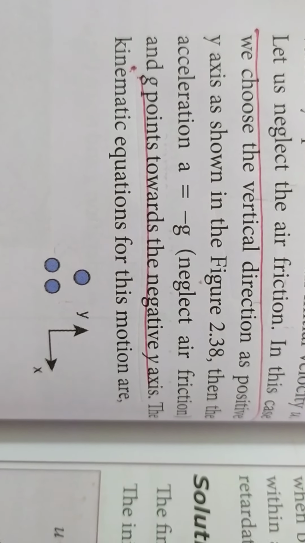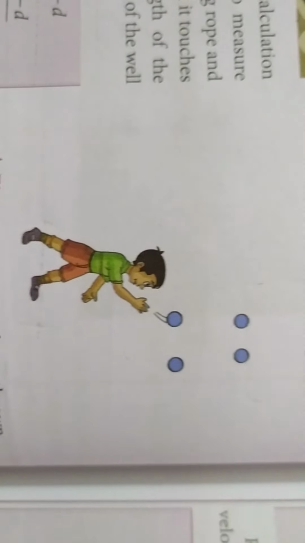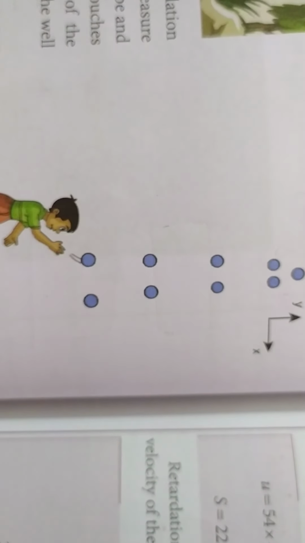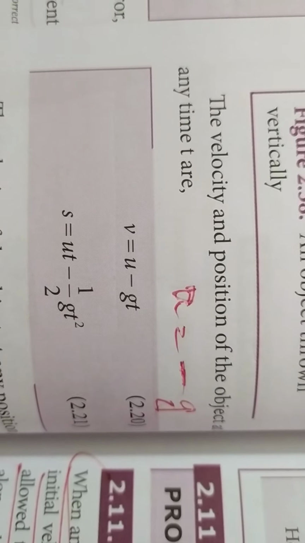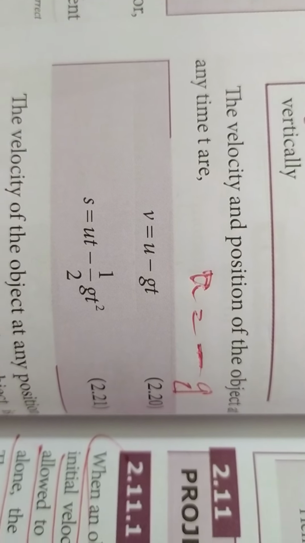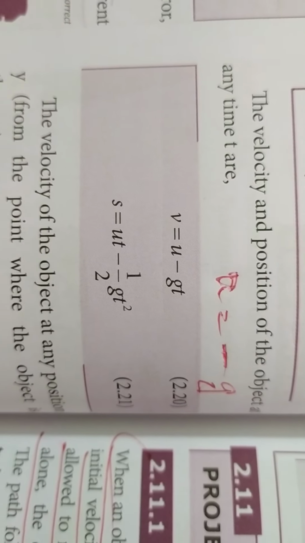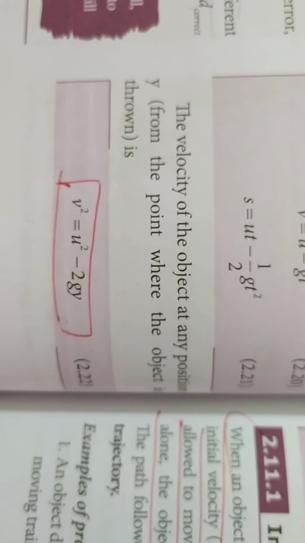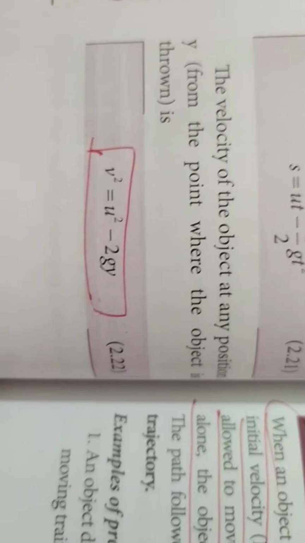So it is shown in the diagram, a boy is throwing a ball in the upward direction, so here a becomes minus g. So the equations are now v is equal to u minus gt, s is equal to ut minus half gt square, and the third equation becomes v square is equal to u square minus 2gy.